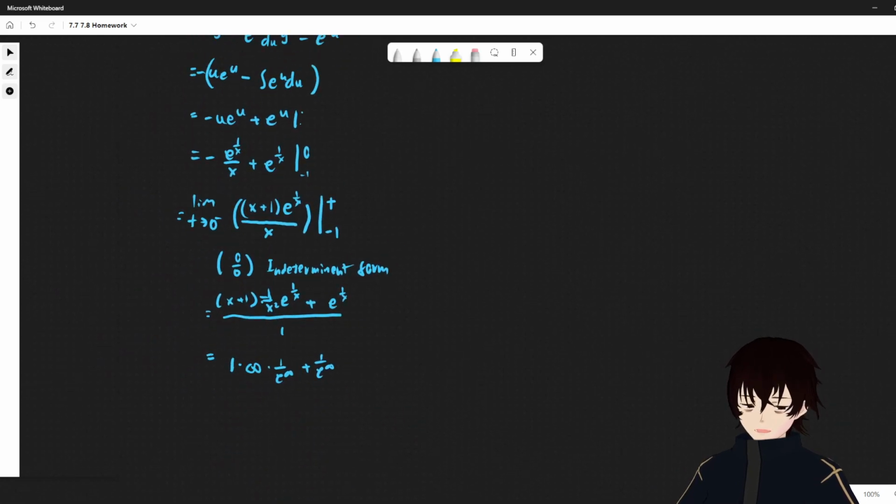E to the power of 1 over x divided by x cubed. Did I do the integral right? My integral is perfect. But now, the limit.